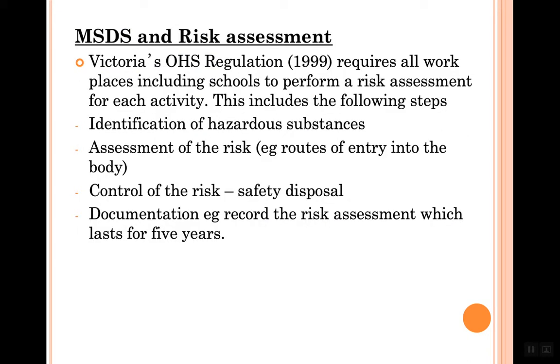In the chemical industry, or anywhere where we're using chemicals, you have to do a risk assessment to make sure that you are identifying those chemicals, that you're saying how you're going to handle them safely, and how you're going to control it. Okay? And you actually have to keep all those records for 5 years. So any experiment you do in class this year, those records will be kept until 2024, when you guys are long gone and have completely forgotten about it.